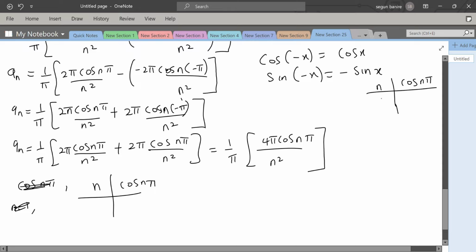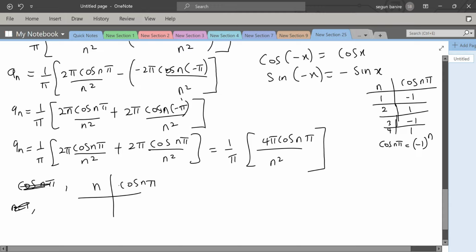When n is 1, cos will give us minus 1. When n is 2, it gives 1. When it is 3, minus 1. When it is 4, we get 1. Because of this, we observe that cos n pi has the same behavior as minus 1 raised to the power of n.